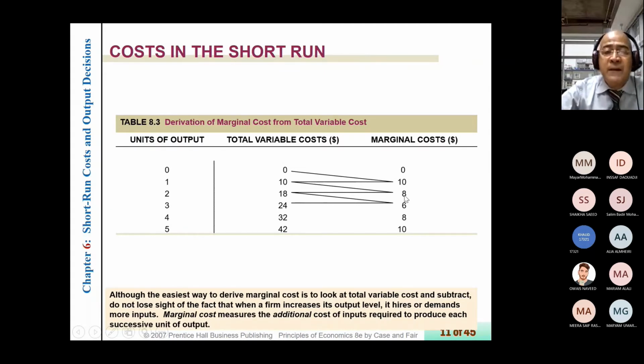So 8 dirhams is the marginal cost of the second unit. That means when I decided to produce an additional unit, which is the second unit, total variable cost increased by 8 dirhams. So what is marginal cost? It is the change in total variable cost or total cost.